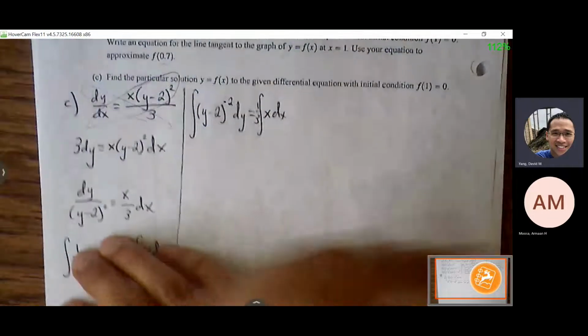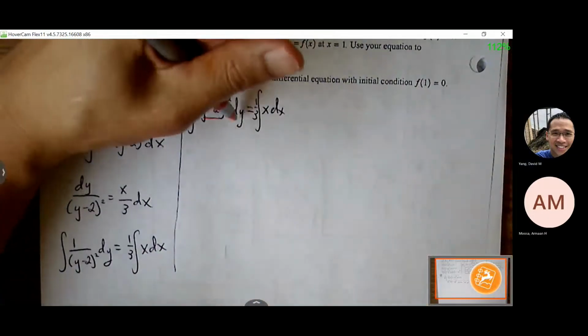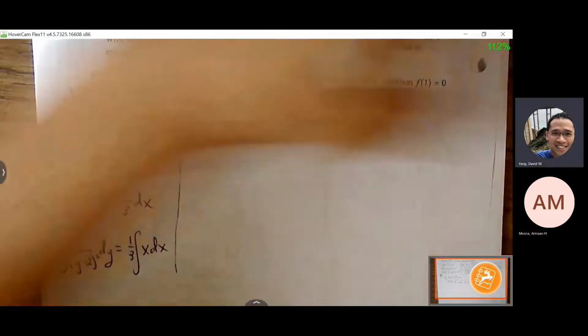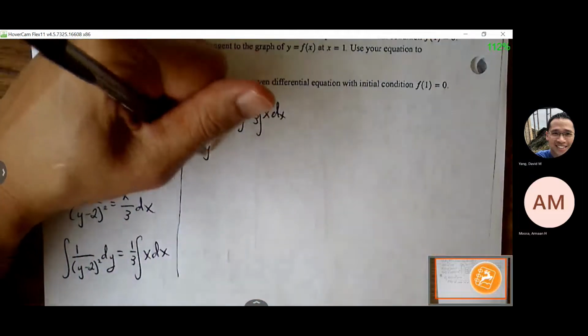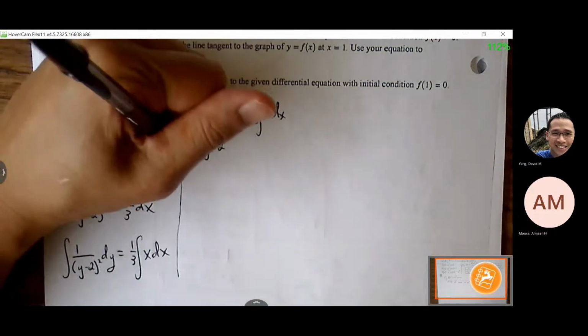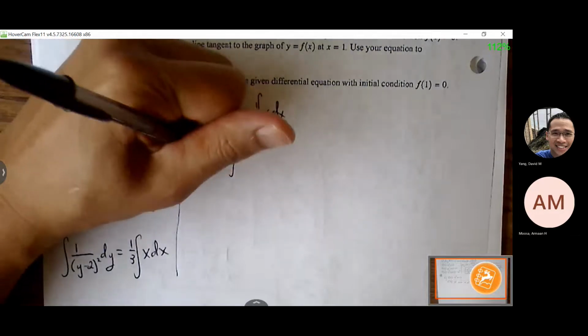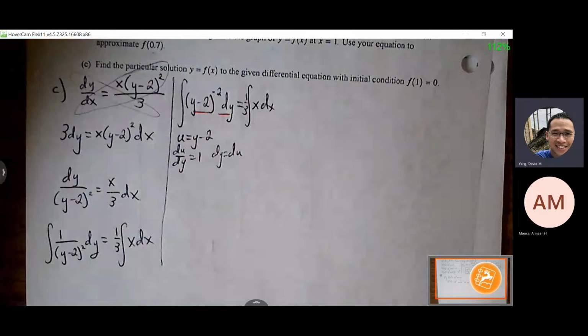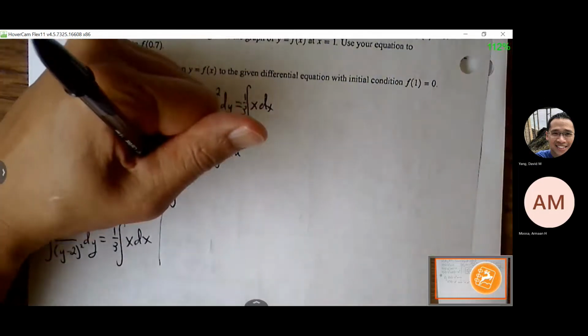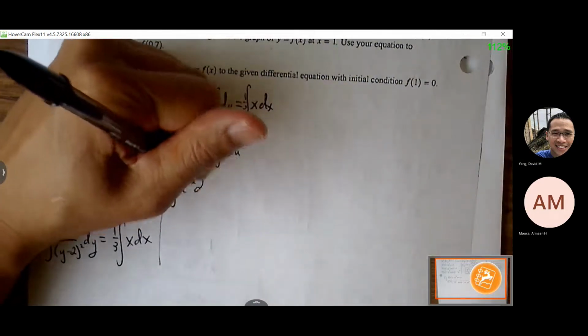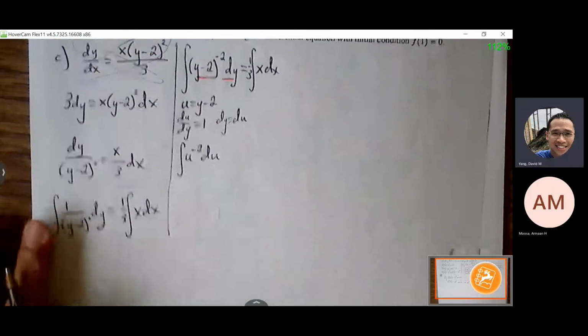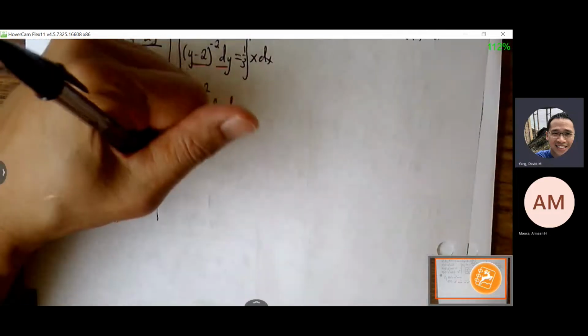Okay, use substitution on the left. Power rule.